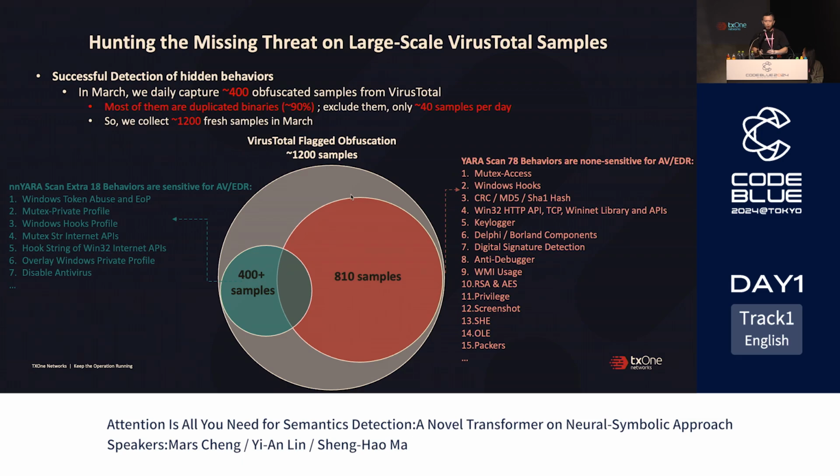Okay, so in total, over the whole month of experiments, we collected around 1,200 fresh, highly obfuscated binaries from VirusTotal.